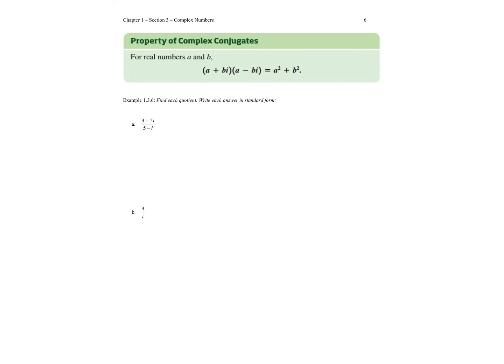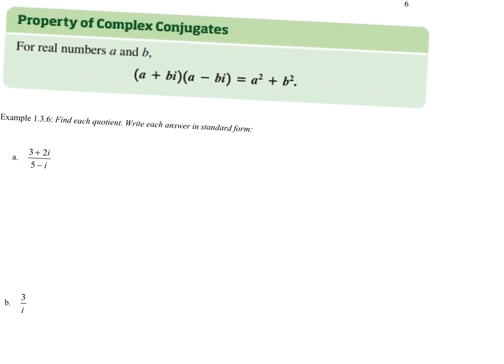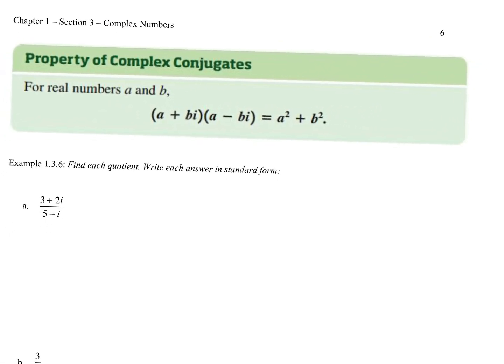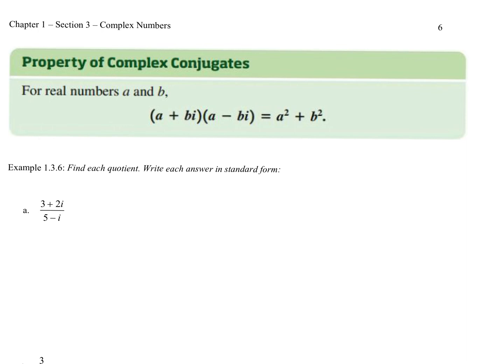Okay, so like I was talking about on the previous page, complex conjugates. We noticed that middle i term canceled out. So if you have complex conjugates, and again, the real and the real, the imaginary and the imaginary, and the only difference is the sign in the middle, when you FOIL them together, you're always going to get a squared plus b squared.